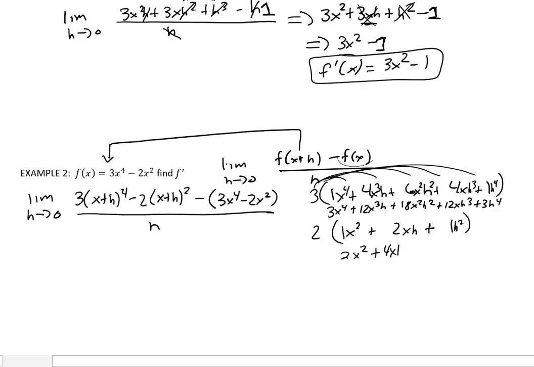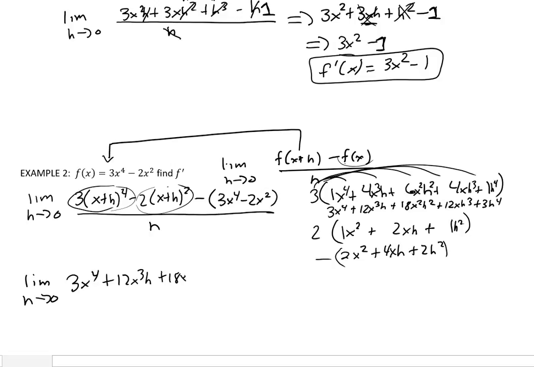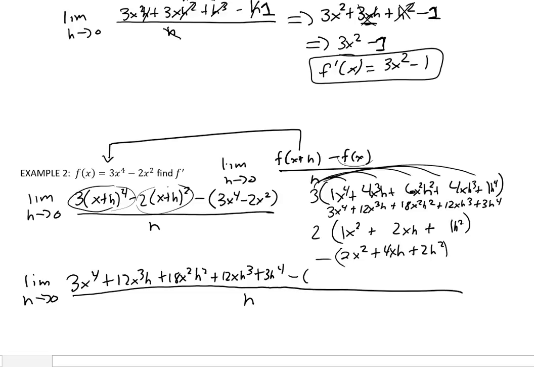We're going to put those in here now in place of this and in place of that. So we got a minus sign too, so we need to put this all in parentheses after that minus sign. Then it would look like this: 3x to the fourth, we still have the limit as h approaches 0, plus 12x cubed h plus 18x squared h squared plus 12x h cubed plus 3h to the fourth, all over h, but minus 2x squared plus 4xh plus 2h squared, and then minus 3x to the fourth minus 2x squared.